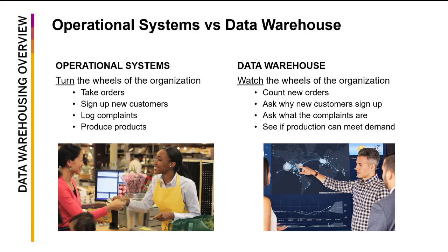It is where we log the complaints and produce the products. Meanwhile, in the data warehouse, we watch the wheels of the organization. We count the new orders. We ask why new customers sign up. We look at their complaints. And from a production perspective, we see if the production can meet the upcoming demand.